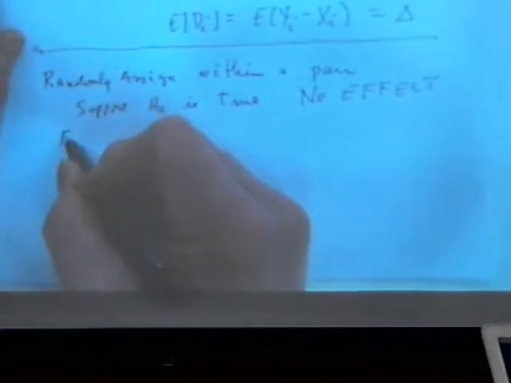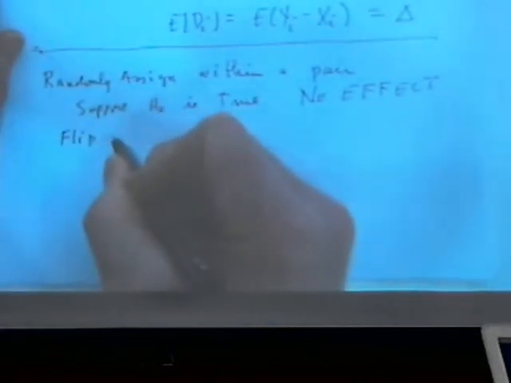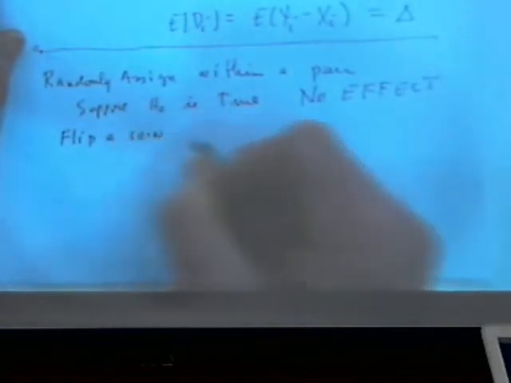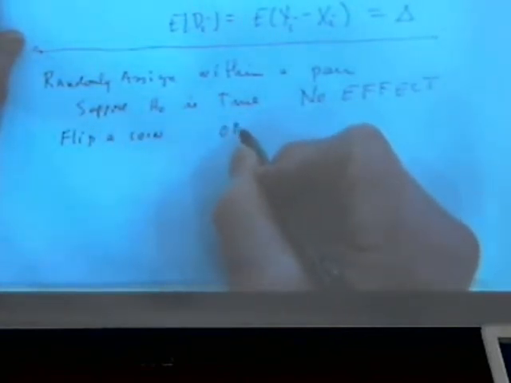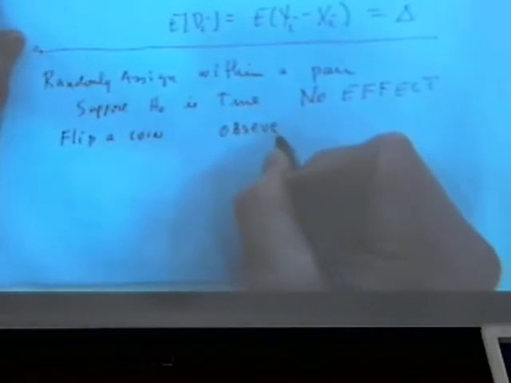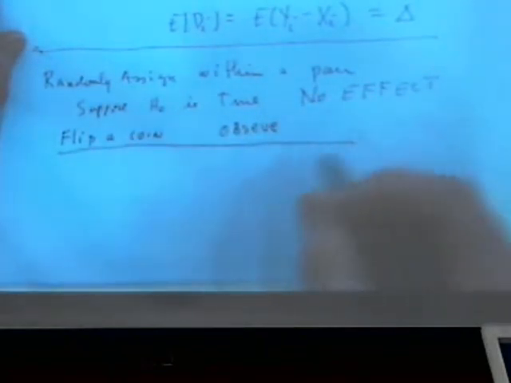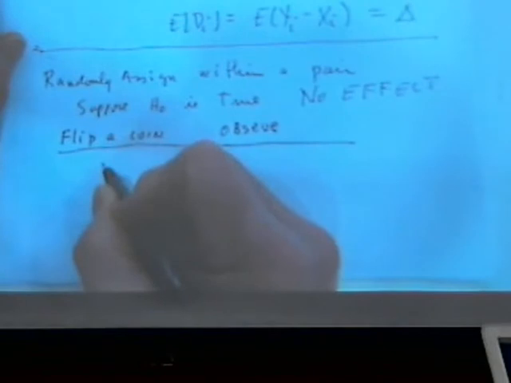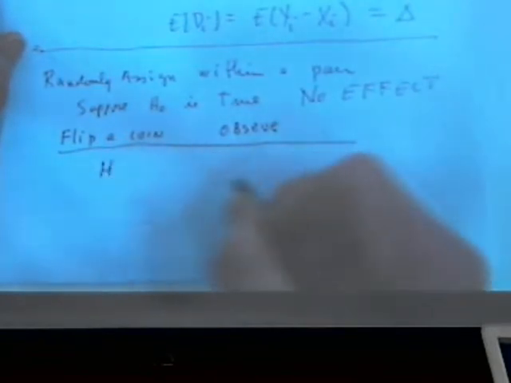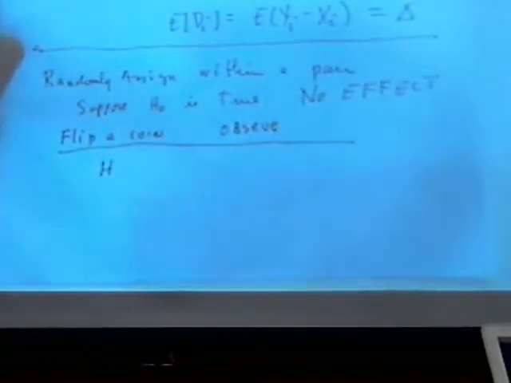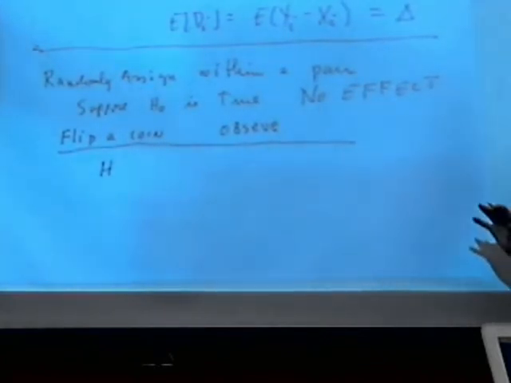Okay, so now you flip a coin. Here's the flip, all right? And then this is what you observe. If you flip heads, you observe, well, it doesn't really matter which, but just say you observe y minus x.